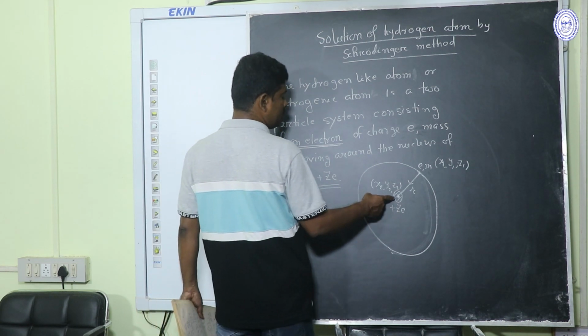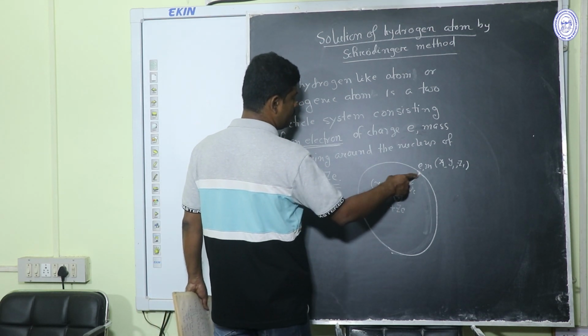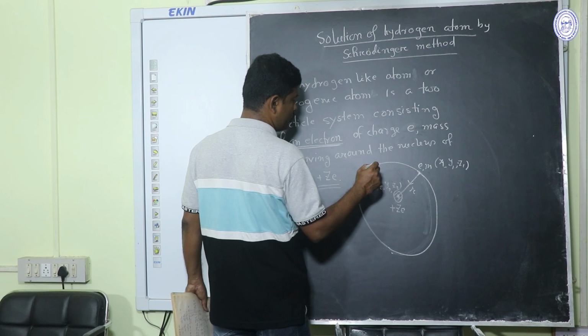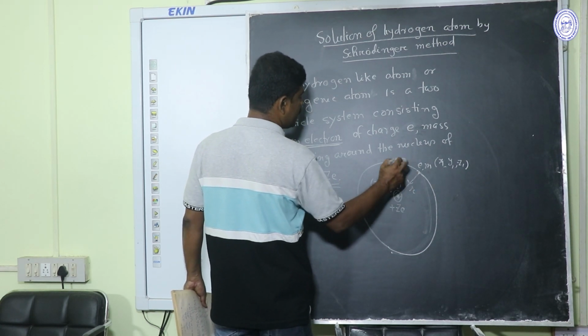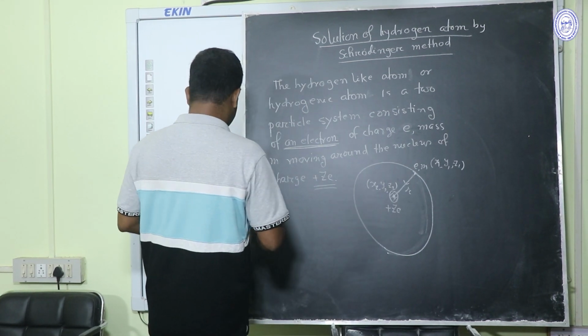And the nucleus is a positive charge, the electron will be a negative charge. So, there will be a Coulomb attraction between the nucleus and electron, and this gives a potential energy of the electron.